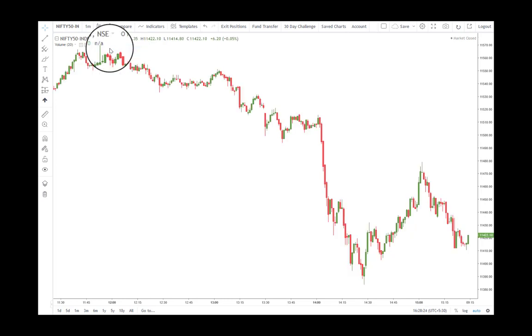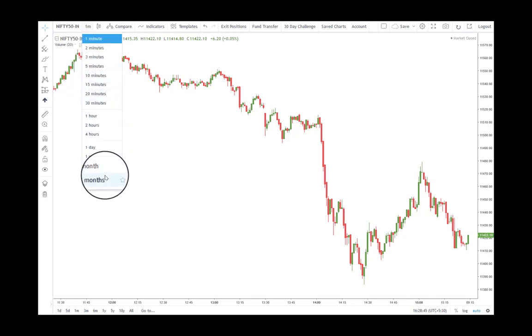In order to choose the time frame, click on the time frame button over here and select the time frame of your choice. As you can see, these are the various time frames that are available on our platform, starting right from the 1 minute time frame, going all the way up to the 12 months time frame.